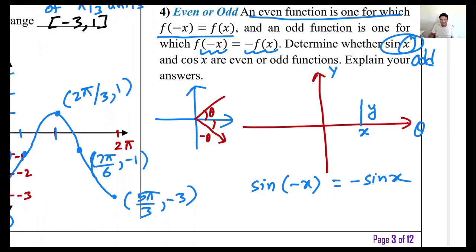The x coordinate does not change, right? And cosine is the x coordinate of that angle, which remains the same. So cosine of negative theta will be the same as cosine of theta. Hence, cos x is an even function.